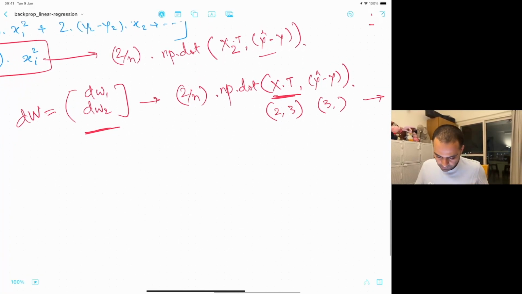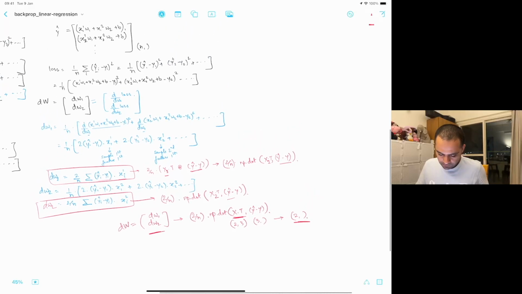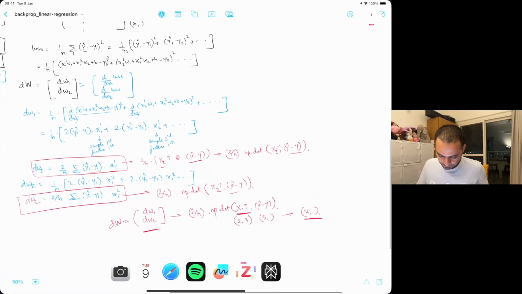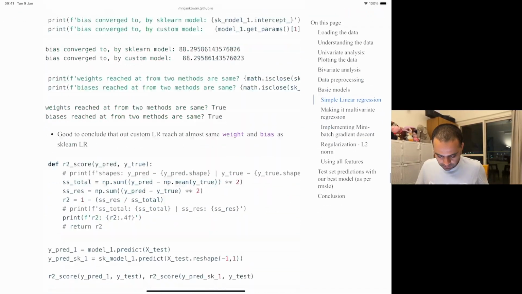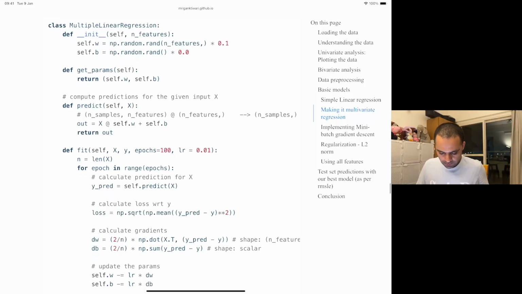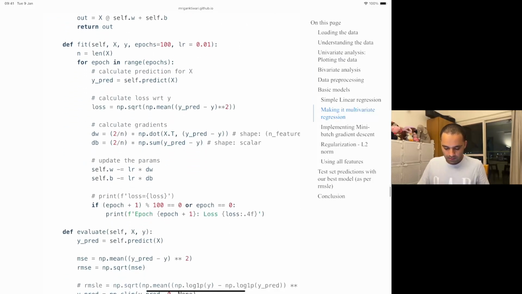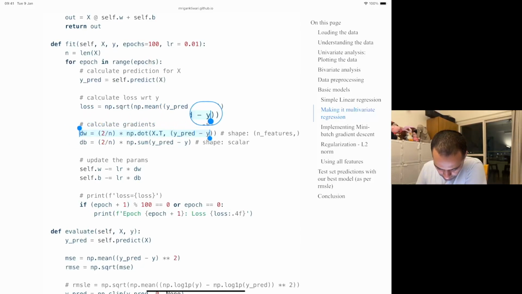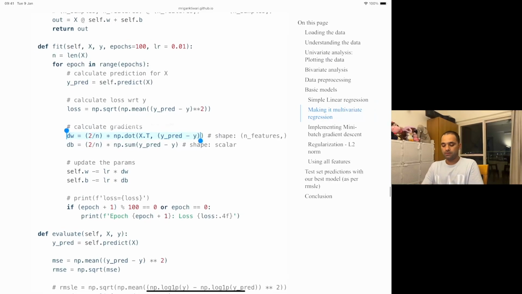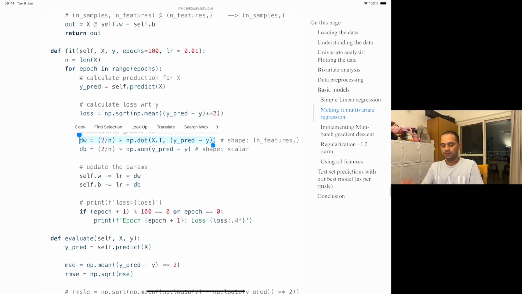Now let's go into the function class where we defined multivariate linear regression. So yeah, dw is defined as 2 over n scaled, np dot x transpose and error. This will give you a vector of shape n features.